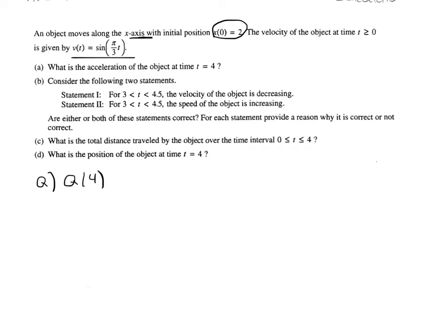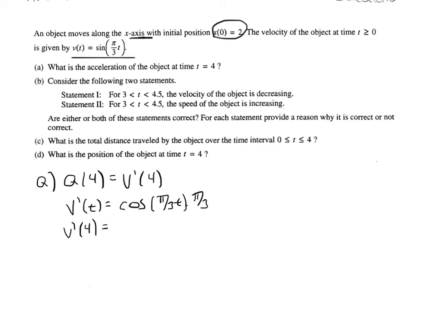Well, a of 4 is v prime of 4, and we can find that a few different ways. First, we can take the derivative of the function they give us, which is cosine of pi over 3 t times pi over 3.